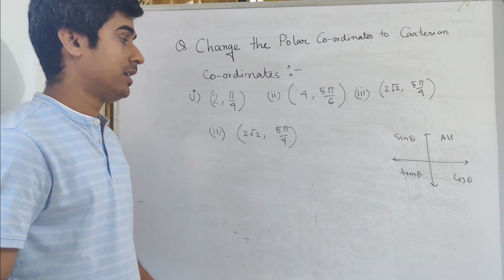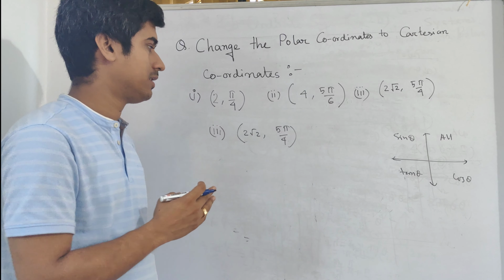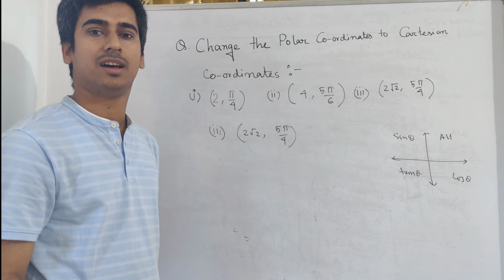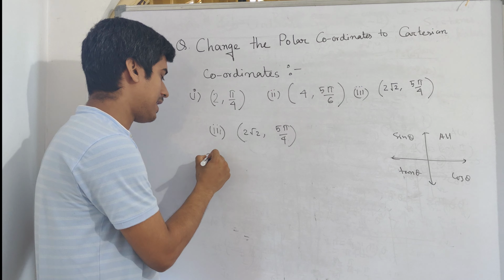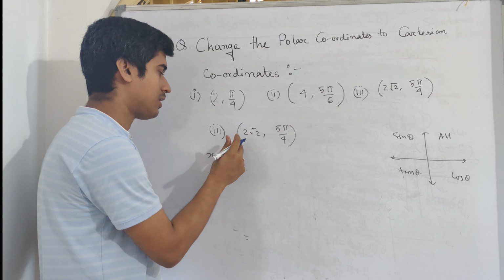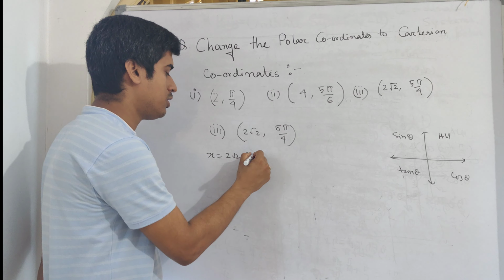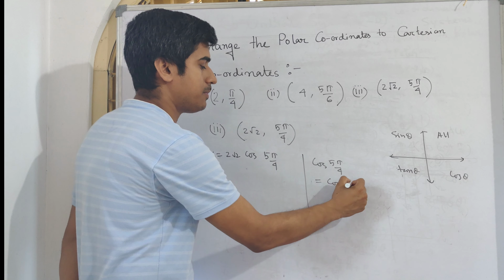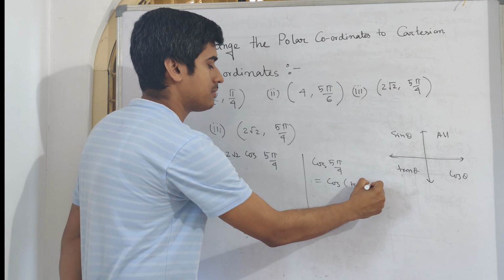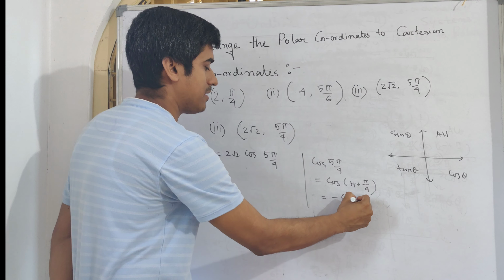Now the third one. Here the point is (2 root 2, 5 pi by 4). The angle 5 pi by 4 is in the third quadrant. Now x equals r cos theta. So 2 root 2 into cos 5 pi by 4. Cos 5 pi by 4, we may write it as cos of pi plus pi by 4, that is minus cos pi by 4.